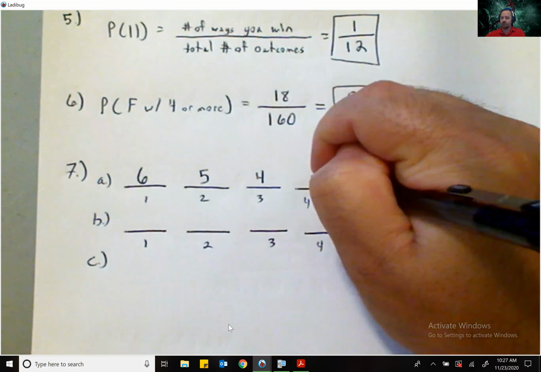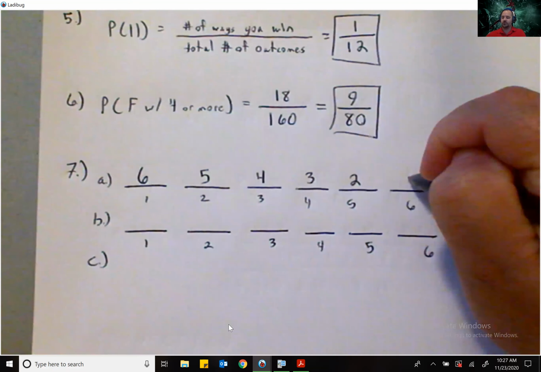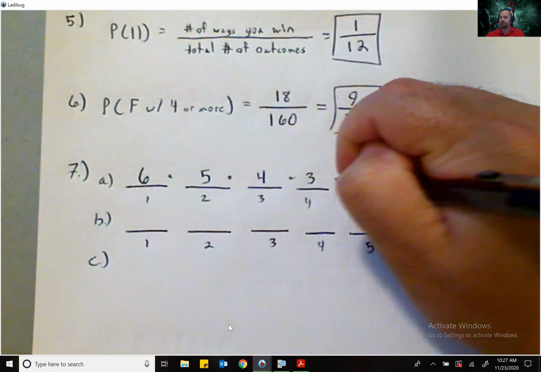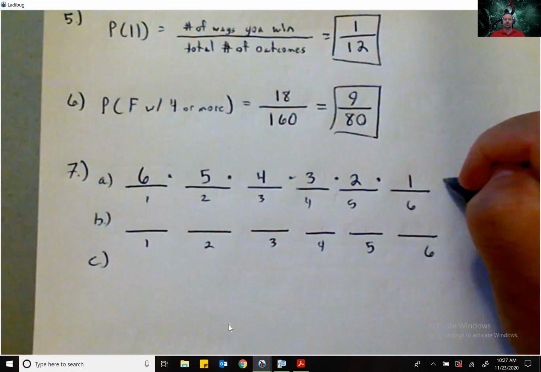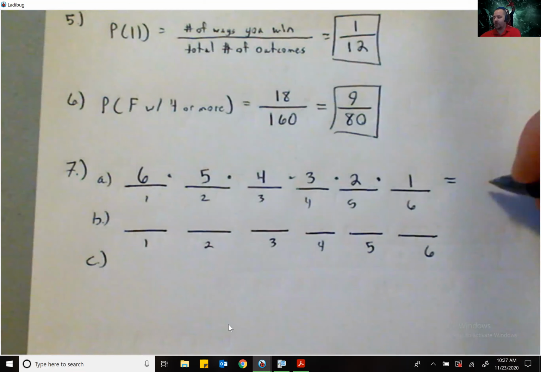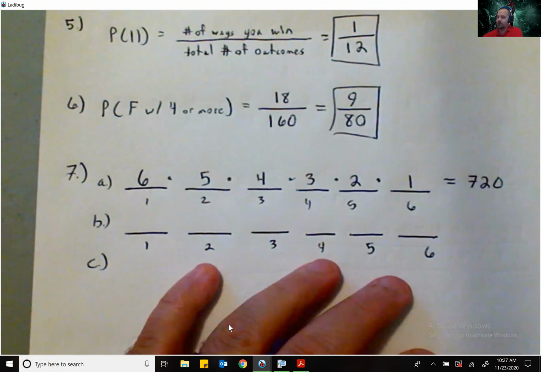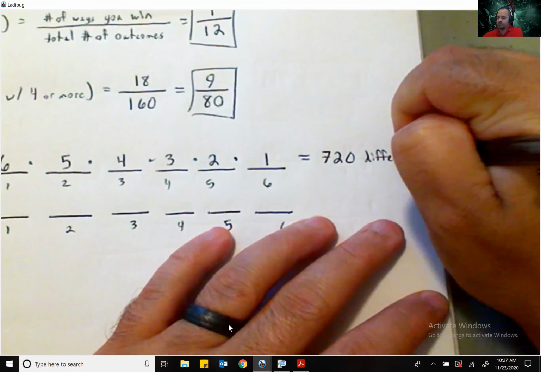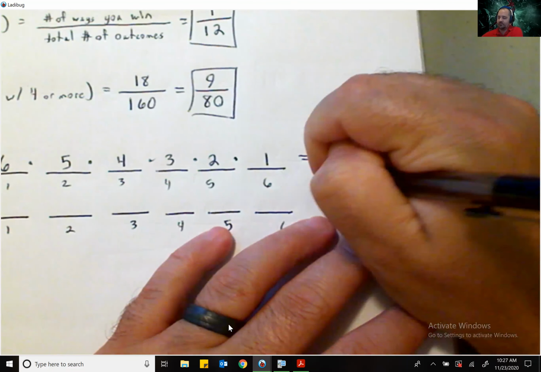Hopefully you've seen the trend. So we're just going to take 6 times 5 times 4 times 3 times 2 times 1. And there's our answer for part A. Or you can just do 6 factorial. 6 times 5 times 4 times 3 times 2 times 1. So there are 720 different arrivals.